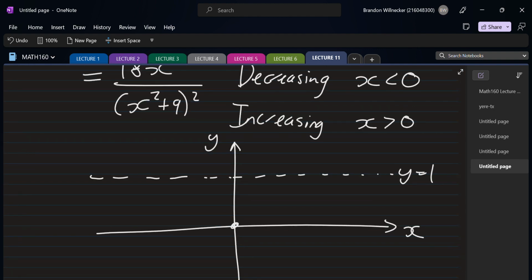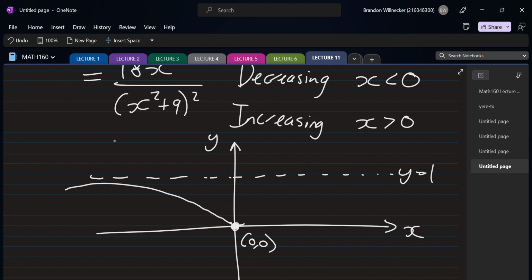And then at the origin here, we have our local min. It's going to be decreasing down to this point and then increasing. Now a function can never cross an asymptote. So if it's decreasing down to the origin, it can never cross the asymptote, so it must be below the asymptote. So it must be like this, down to the bottom there. That's the only thing it can be.